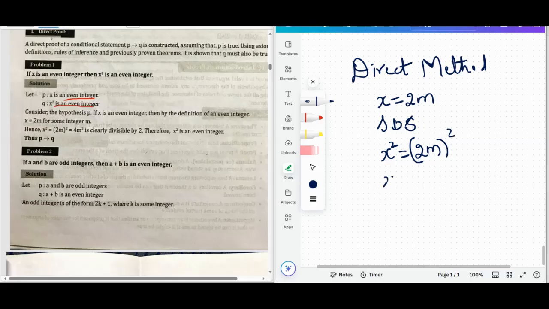That will be x square is 4m square. So 4 can be written as 2 into 2m.